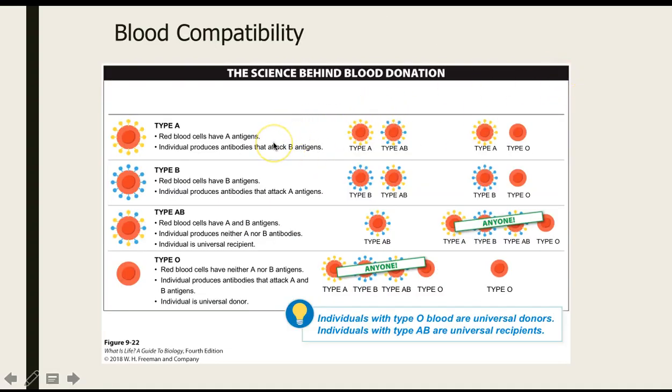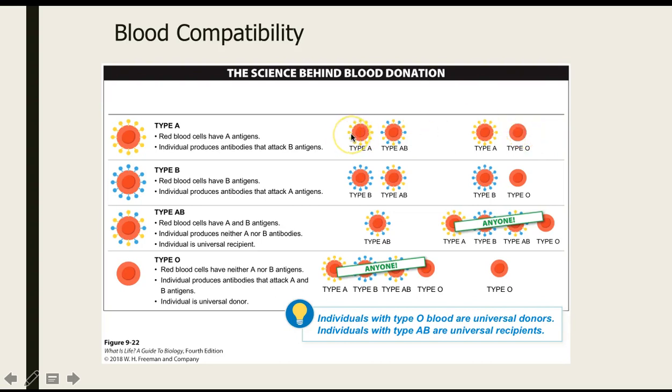So if you're type A, you make the B antibodies, sorry, and you can give blood to people who are type A, and you can give blood to people who are type AB, because they don't have the A antibodies to fight against you. But if you're type A, you can get from type A, and you can also get from type O.